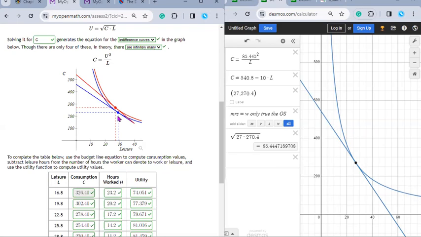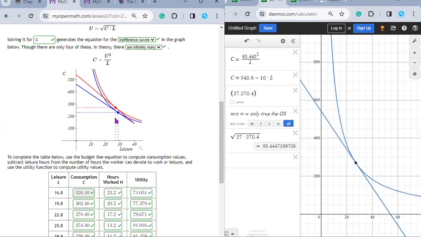From when the wage was 8 to when the wage is now 10, right? So leisure fell. Now that makes sense because remember, the wage is the price of leisure. And when the price of something, in this case the wage, goes up from 8 to 10, that's a $2 increase in price. If the price goes up, you consume less of it. So she's consuming less leisure.